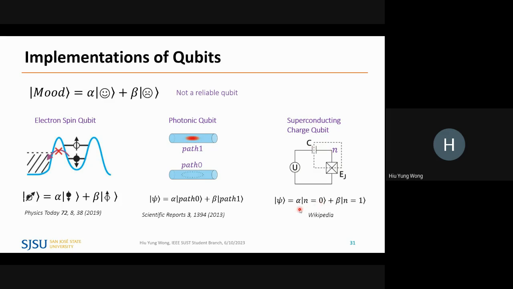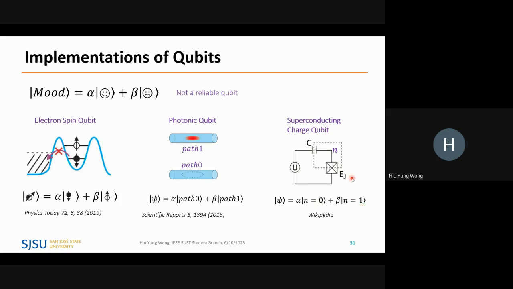So you can say it has 50% chance of 0 extra Cooper pair, 70% chance of 1 extra Cooper pair, right? 1 Cooper pair is a pair of electrons. At very low temperature, when your electrical circuit becomes superconducting, all the electrons will pair up and it becomes a macroscopic object.